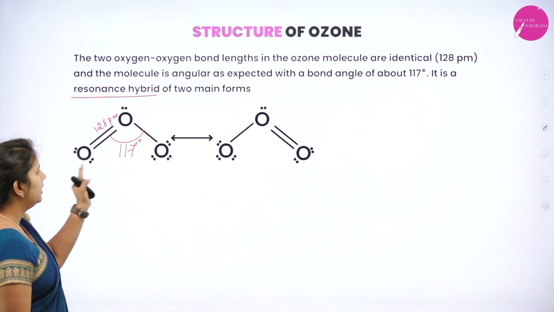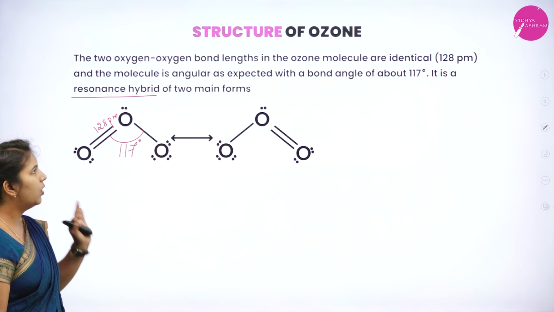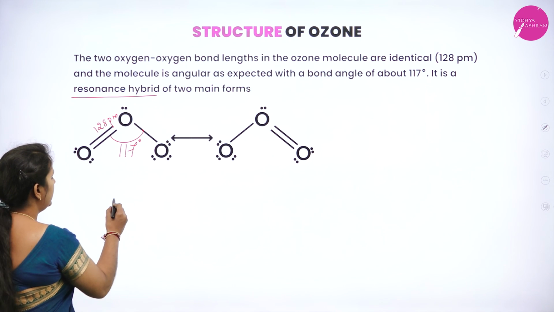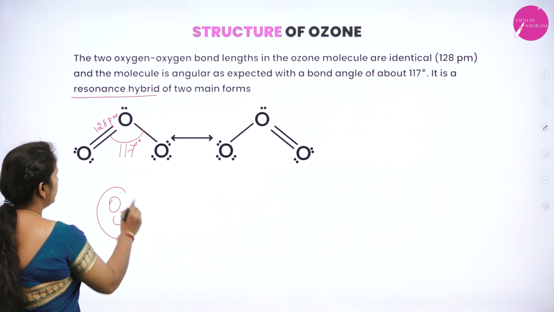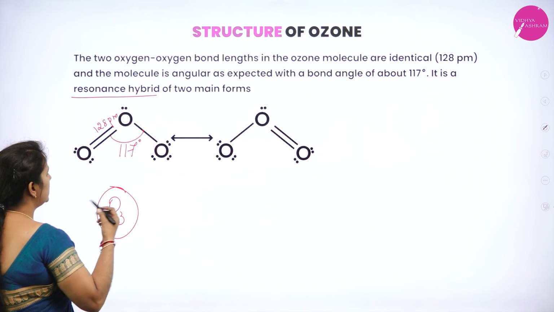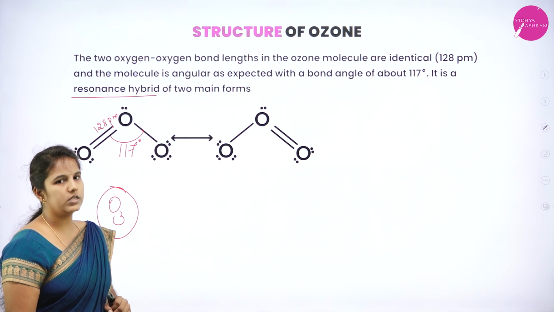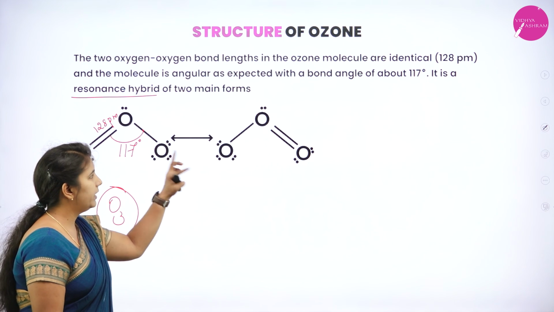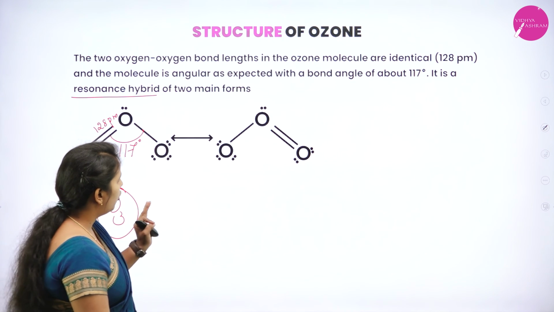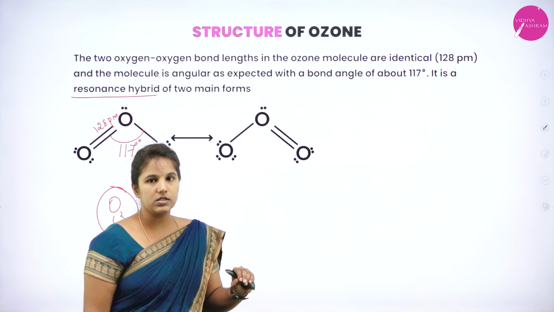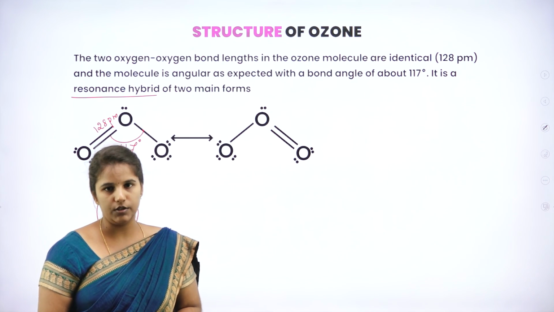You can see that this is a resonance structure of ozone, which consists of 3 oxygen atoms; between 2 oxygen atoms we have a double bond, and alternatively the other oxygen atom will have a single bond. So it has 2 resonance structures. Hope you know how to write this resonance structure with a Lewis dot structure.